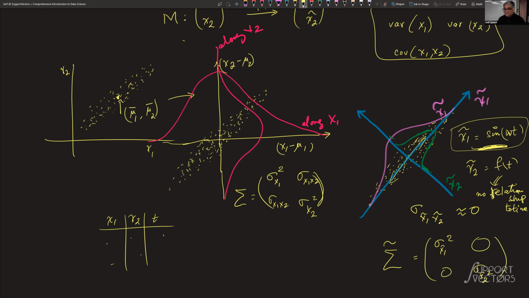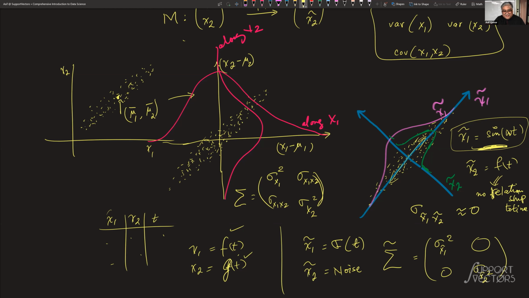In the original axis, you can write x1 as a function of time, and x2 as some other function of time, g. But in the transformed one, x1 tilde is some function, let me put capital F, of time, and x2 tilde is basically noise. It has no relationship to time. Would you agree? Makes sense.